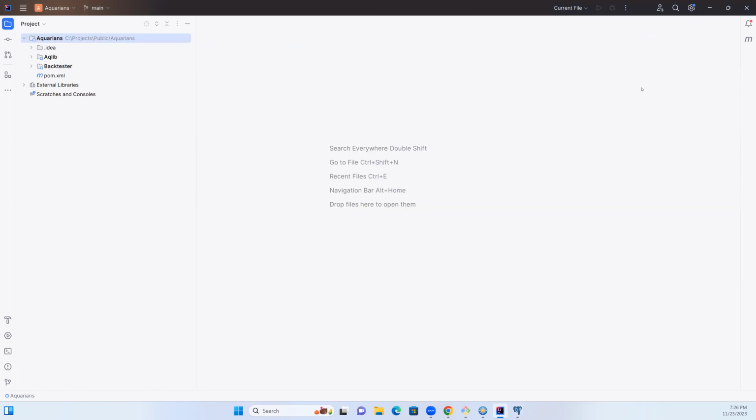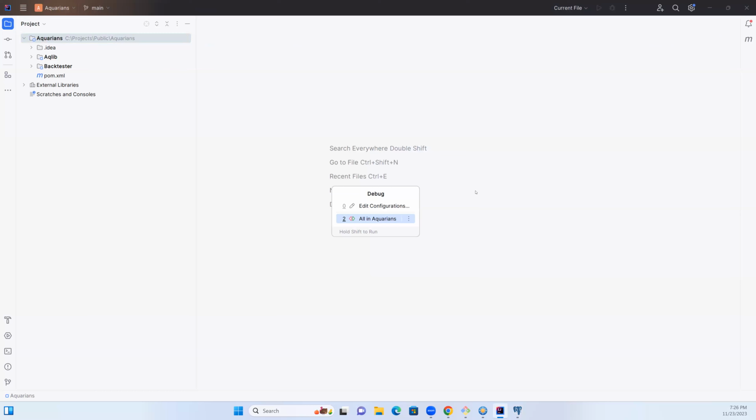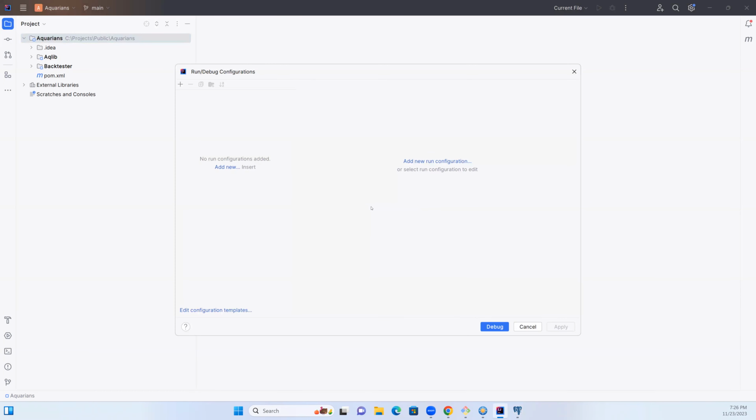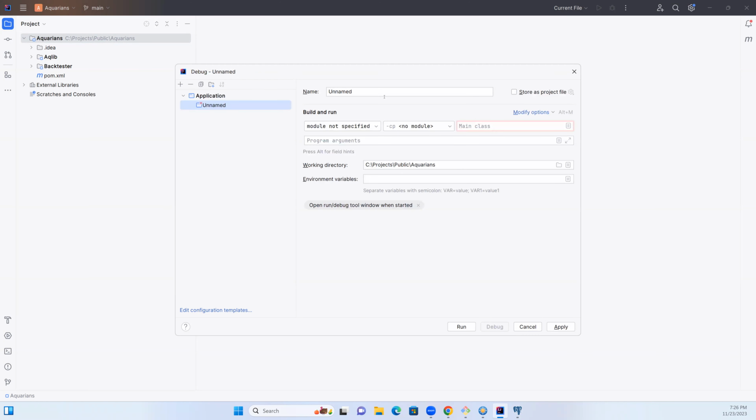And now let's create a run configuration. A run/debug configuration like this. An application, we are going to call it backtester.